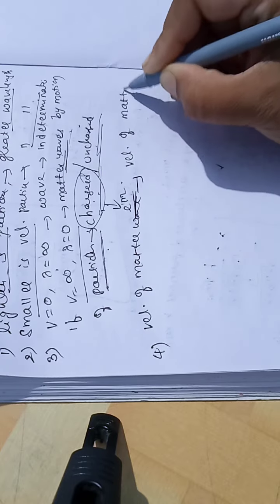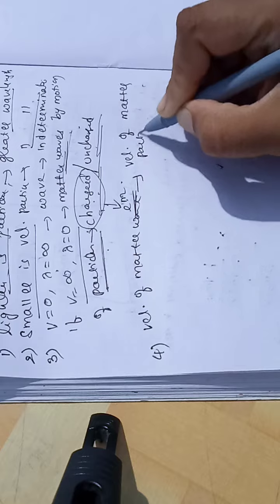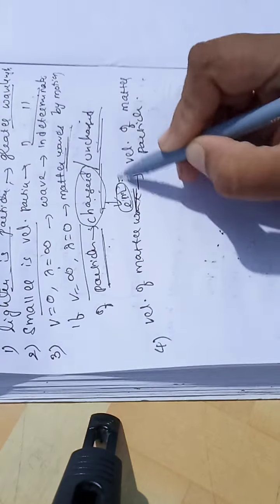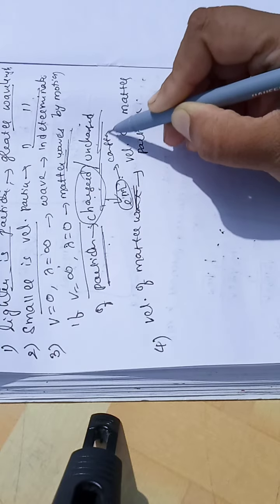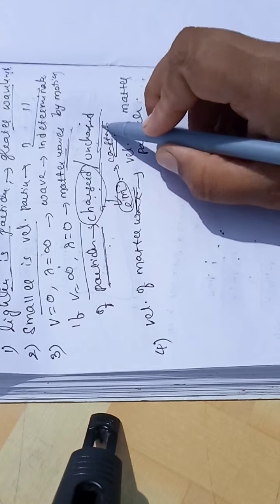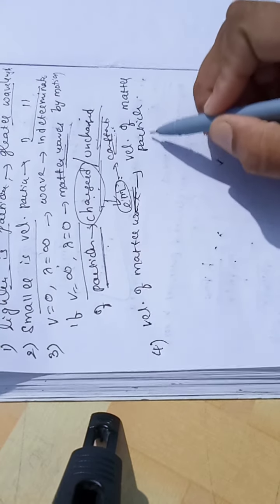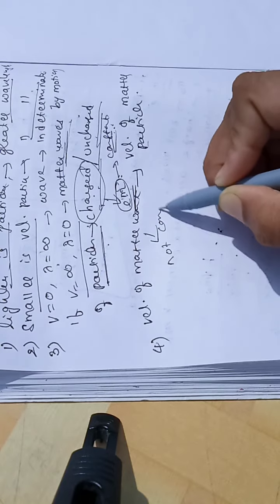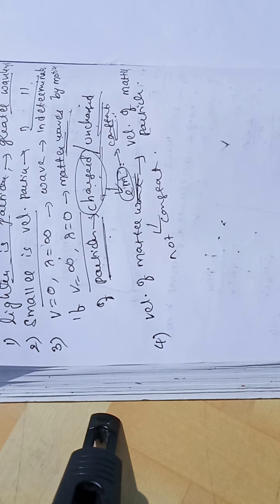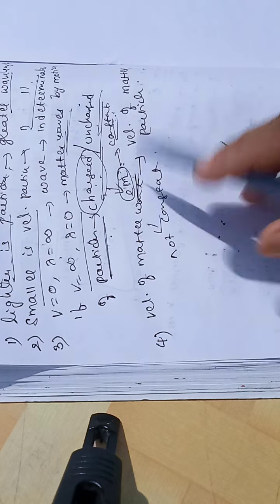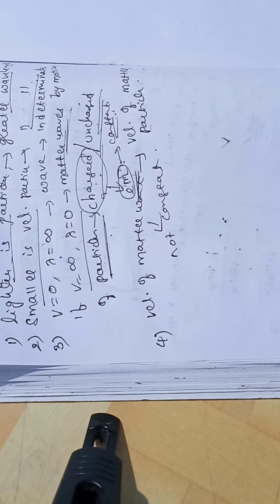Here, the velocity of electromagnetic waves will be constant. But the velocity of these matter waves will not be constant. It is not constant, but the electromagnetic wave velocity will be constant.